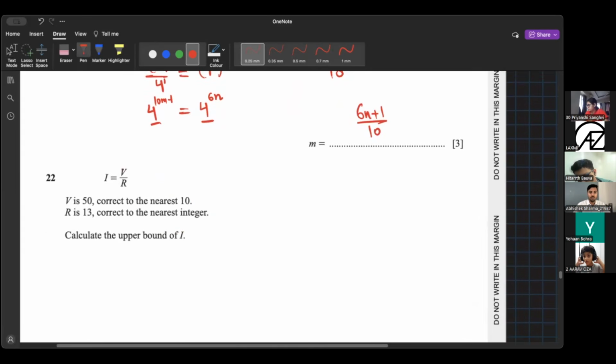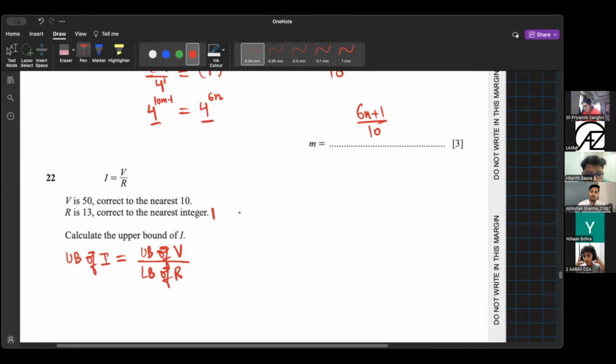Moving on to question number 22. I equals V upon R, or V equals IR. V is 50 correct to the nearest 10. R is 13 correct to the nearest integer. Calculate the upper bound of I. If we have to find the upper bound of I, we have to divide the upper bound of V upon the lower bound of R. Perfect.